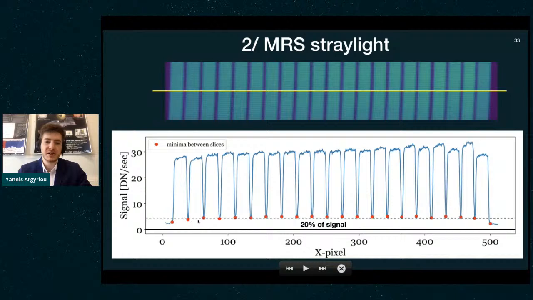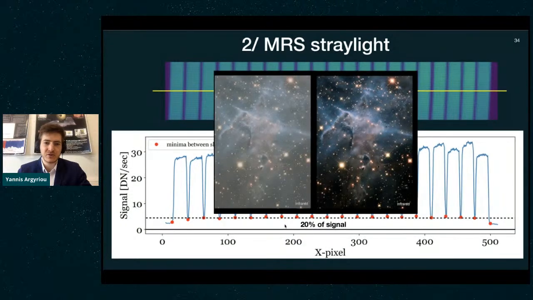Because of this broader PSF and additional stray light, you can see that at these red points, by design, you should not be measuring signal here. We do see a significant amount of signal, and in this case, for this wavelength channel, it amounts to 20% of the total signal.